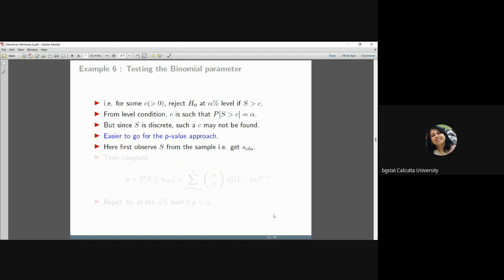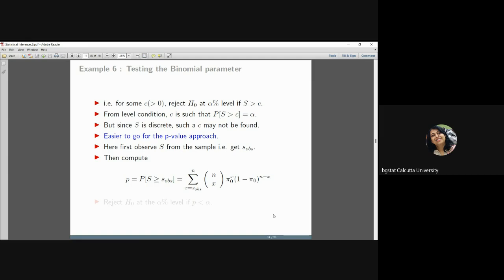Now, because S is not continuous, it is not always exactly possible to find this C. So rather than go into the complications, this is what you would do for the p-value approach. We calculate S obs, which is your observed sample. Your p-value is the probability of getting an S statistic which is at least as extreme as S obs.